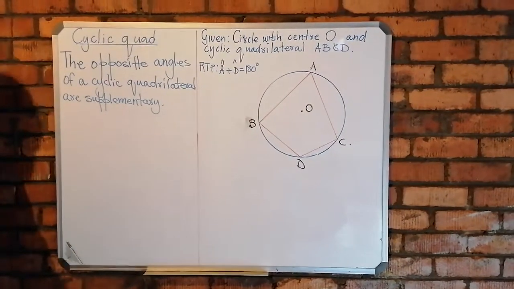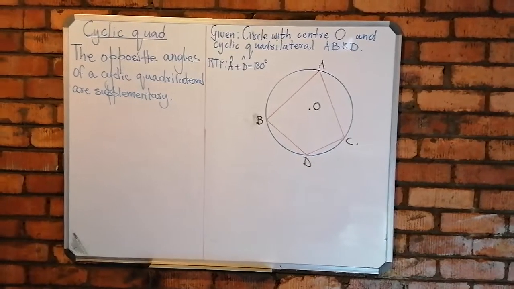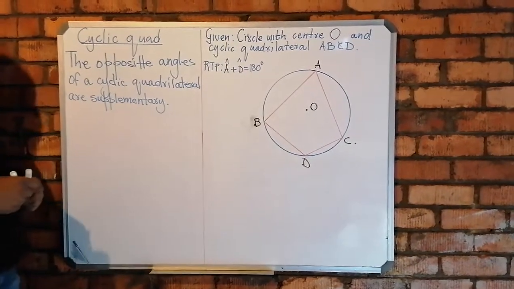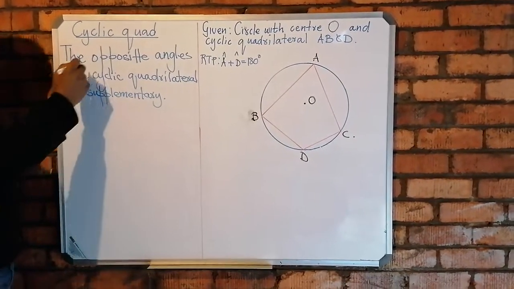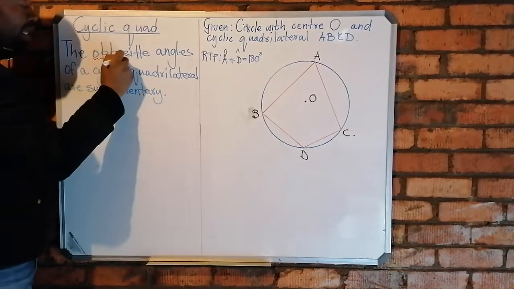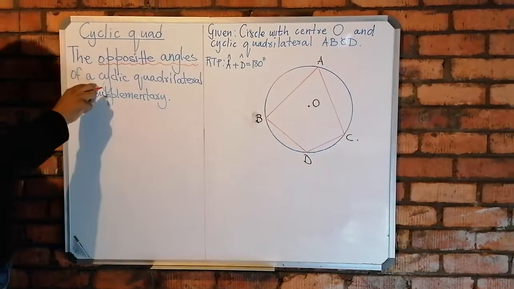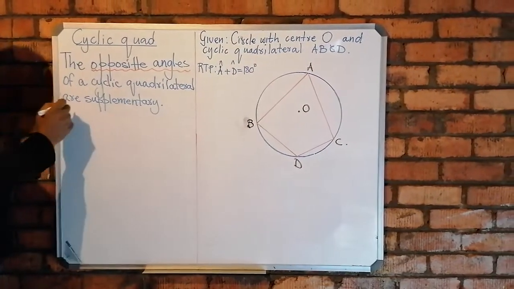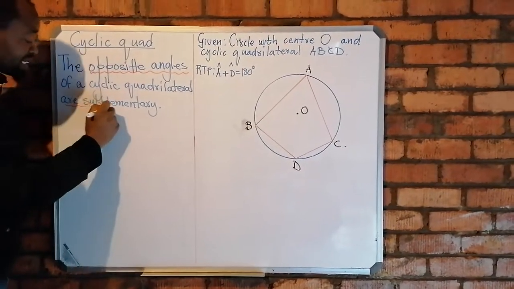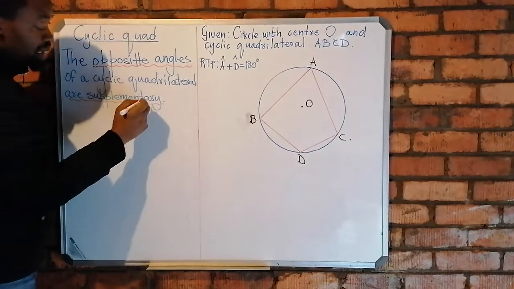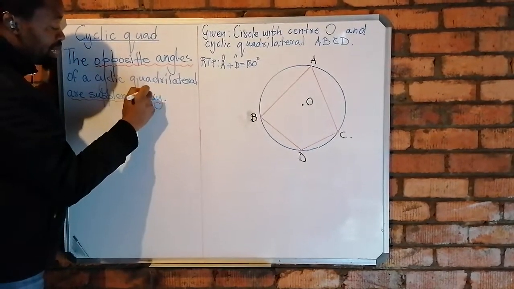Beautiful. Folks, I said understand what the theorem says. It says very importantly, opposite angles of any cyclic quadrilateral are supplementary. Remember what supplementary means?